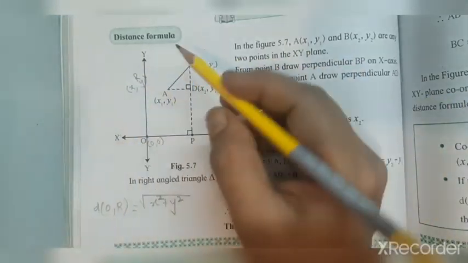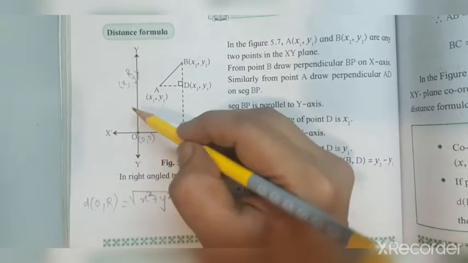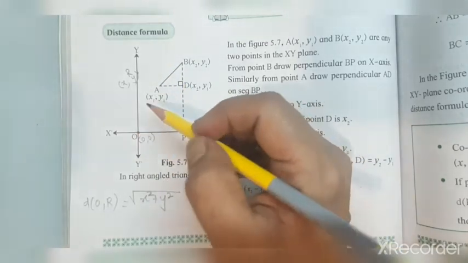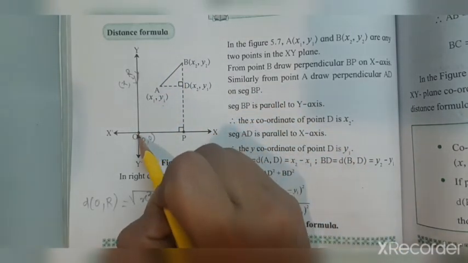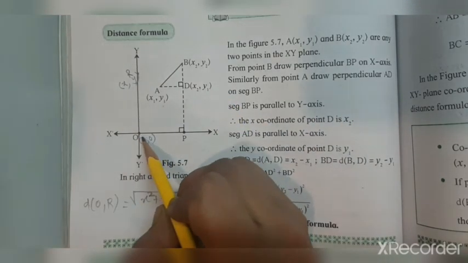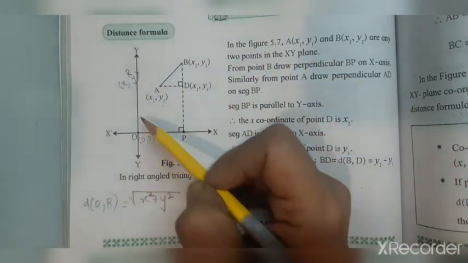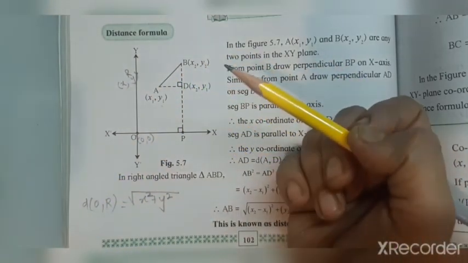Basically, the point can be anywhere, not only on the axis. Since the origin is 0, 0, and that point we take as x and y, it will be square root of x square plus y square.